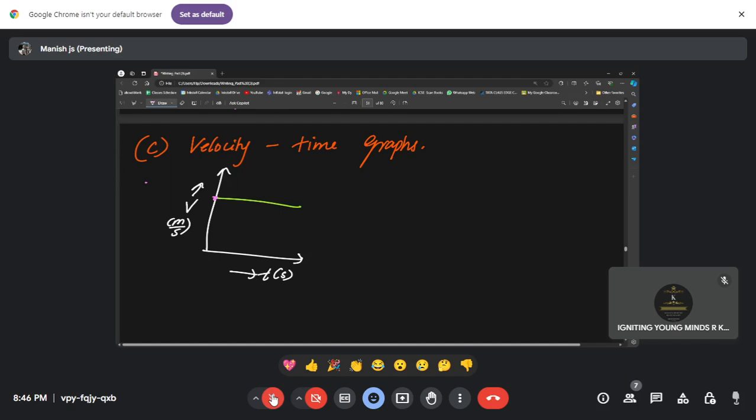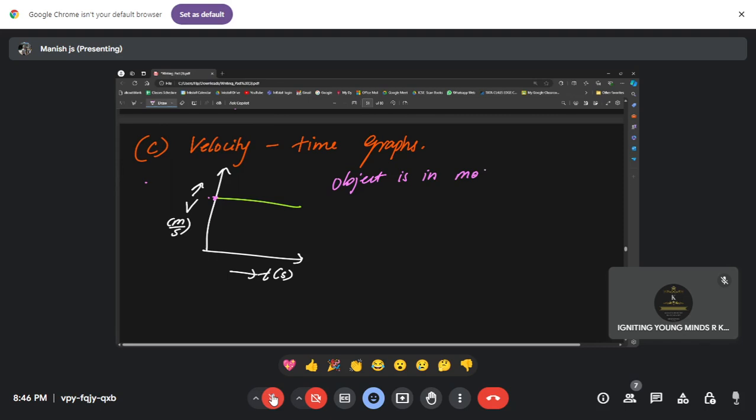So the object is moving with constant velocity. You cannot say that velocity is zero. Whenever you have a line parallel to the time axis in a velocity time graph, there is a value of velocity. Therefore, the object is in motion.